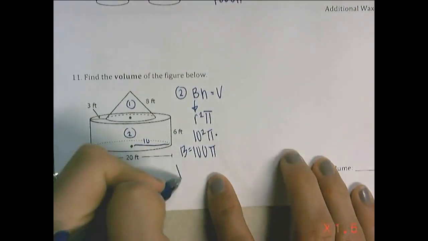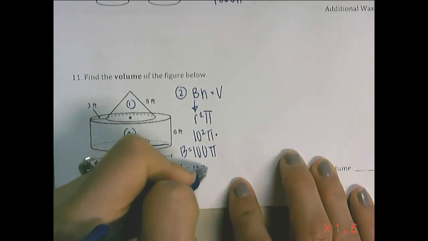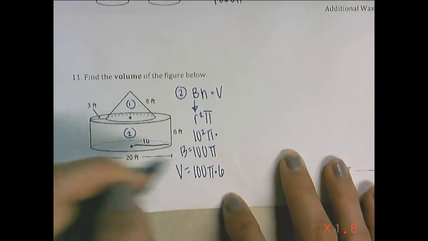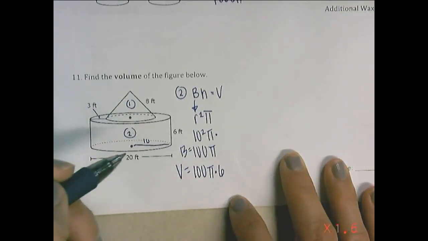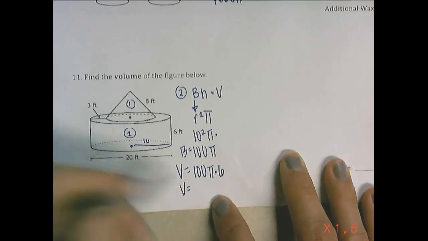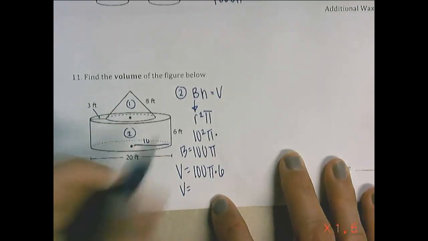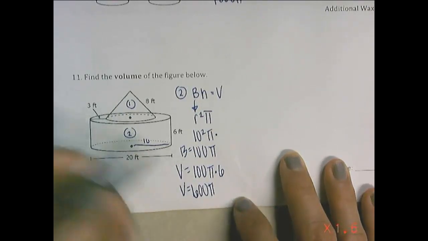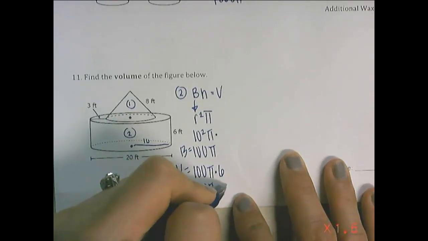Now for the volume, I'm going to multiply 100 pi by the height, which is 6. So my volume for this larger cylinder down here is going to be 600 pi feet cubed.